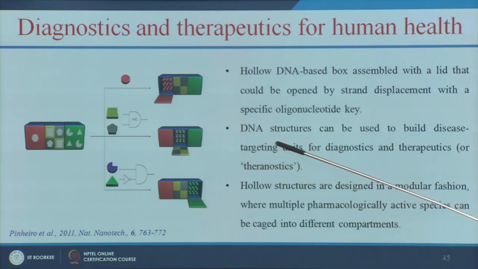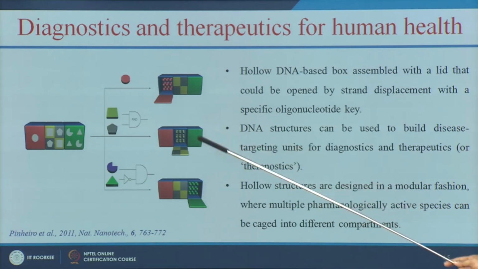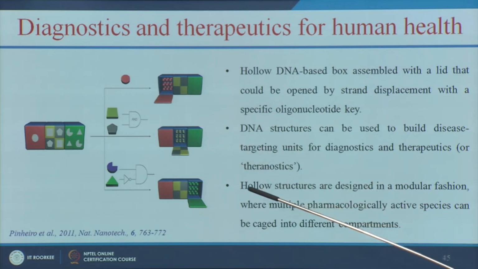That means the DNA nanostructures can be used to build disease targeting units for diagnostic as well as therapeutic purpose. That means the same nanoparticle which can diagnose as well as carry the therapeutic agent is called a theranostic nanoparticle, okay. And again, these hollow structures can be designed where multiple pharmacologically active species can be caged into different compartments.